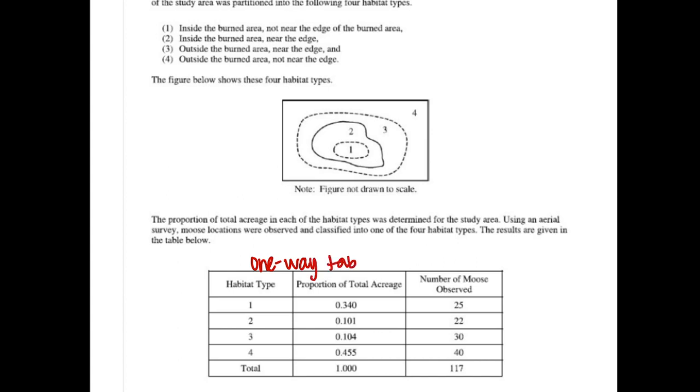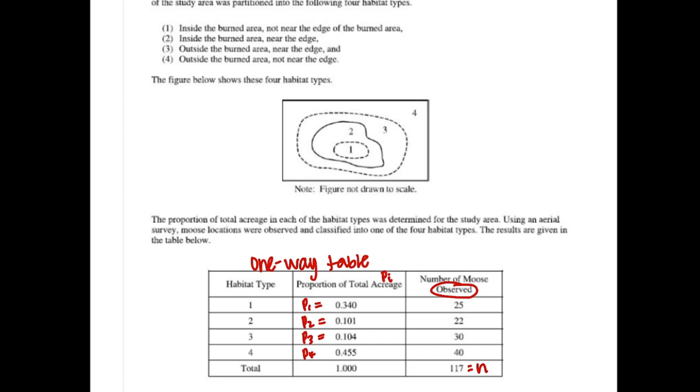one-way table. These are what we would call our p sub i, and then these are the observed values. So this is our sample size, 117, and then this is, I would just call this p1, p2, p3, and p4.